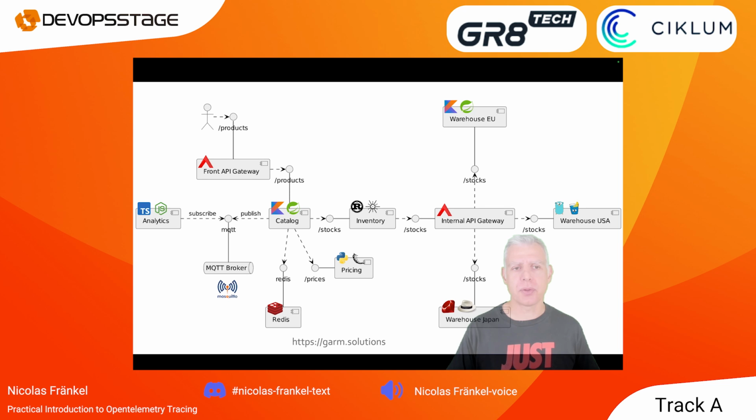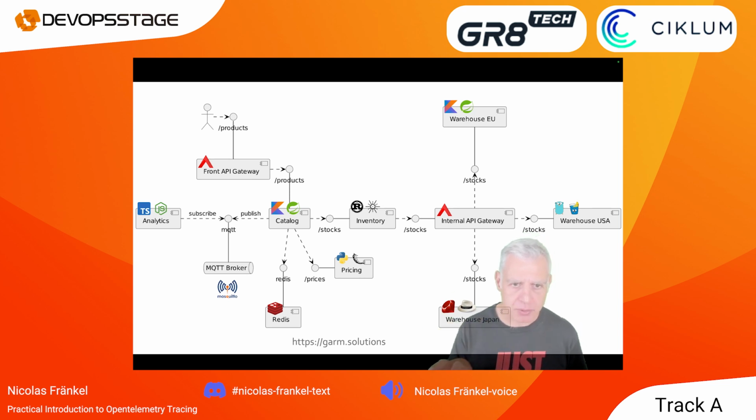Then it forwards it to the catalog. The catalog is the front component. It's a Kotlin Spring Boot application, and it requests the stocks from an inventory component, which is written with Rust and Axum. And then the inventory requests multiple warehouses.